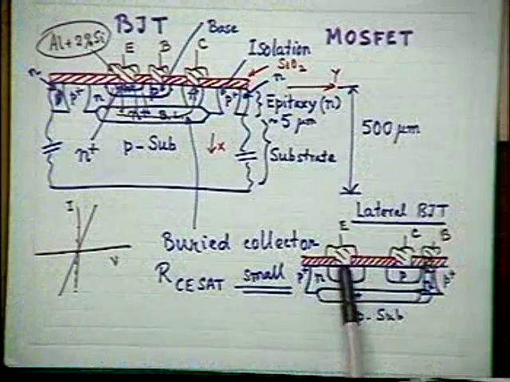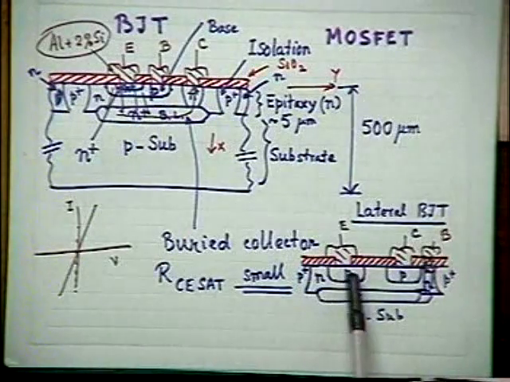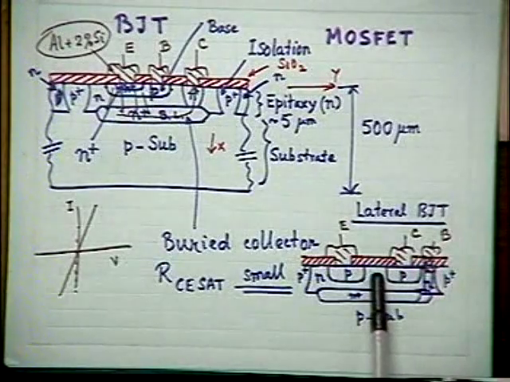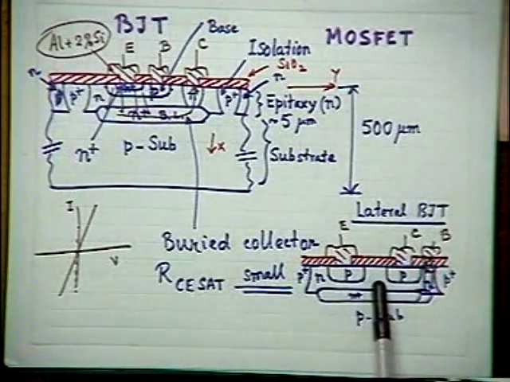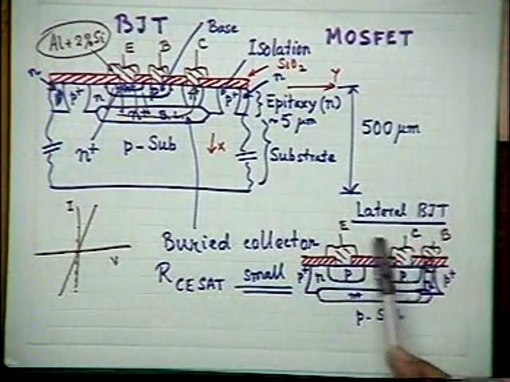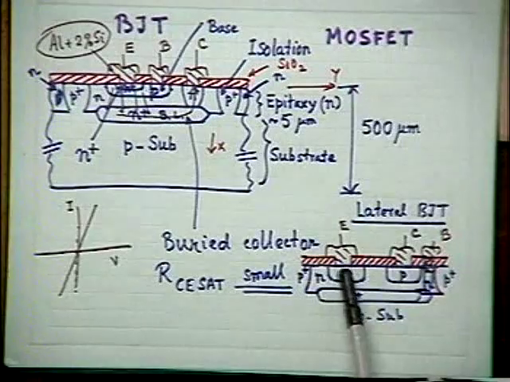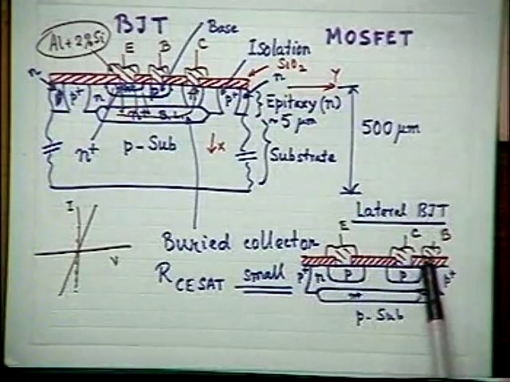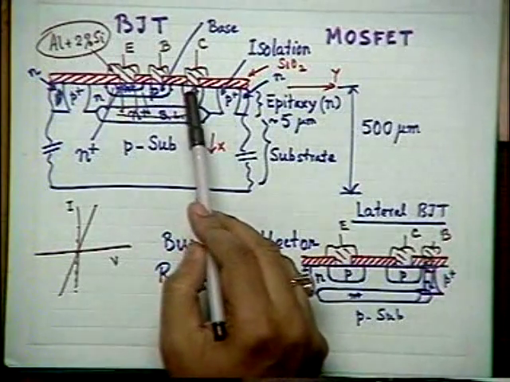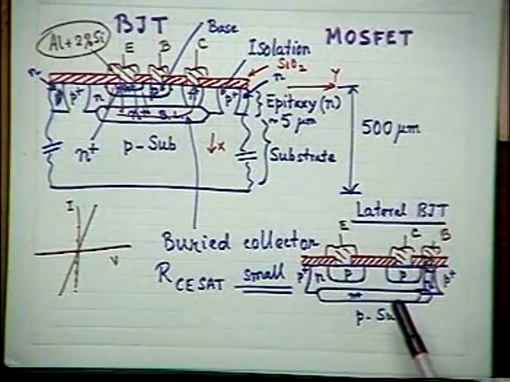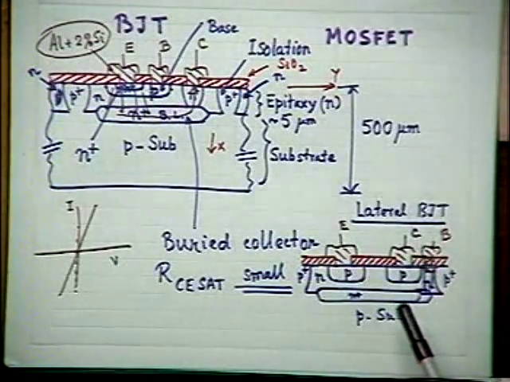If this PN junction is forward biased, it will inject holes into this base. In this case, this N-type region is the base. And if this is reverse biased, those holes will be collected. So you get a transistor action where this one is the emitter, this one is the collector, and this one is the base. Such a transistor is called a lateral PNP transistor.